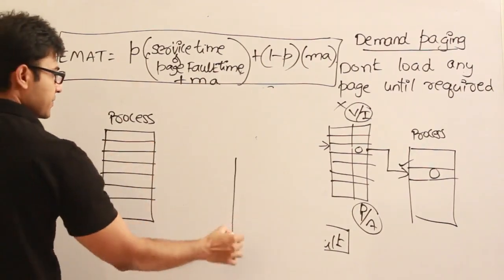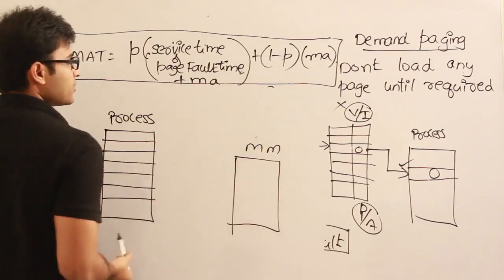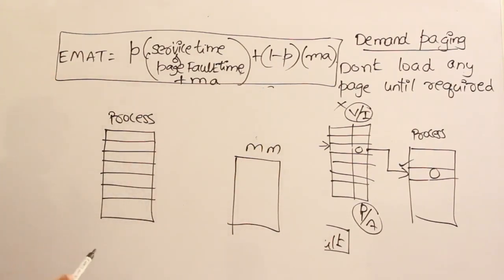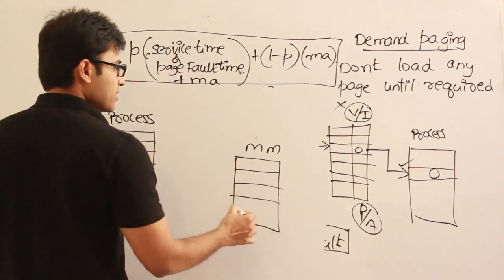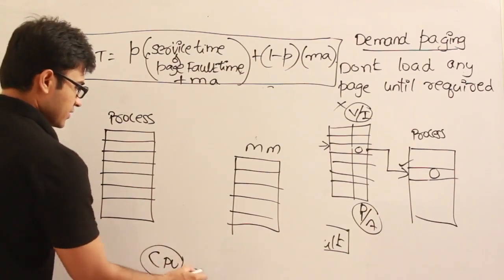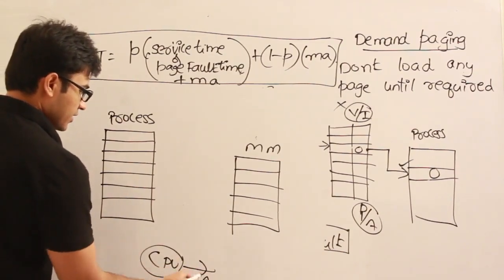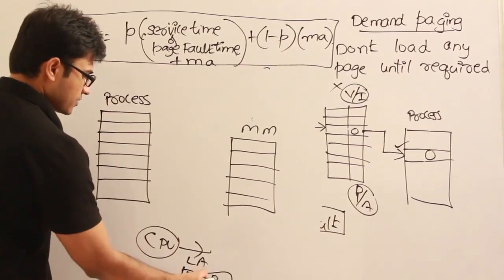And assume that there is main memory. Then with the concept of demand paging, we start the process even without loading any page into the main memory, right? Then whenever the CPU generates a logical address, it will contain two things: one is the page number and the other is the page offset.